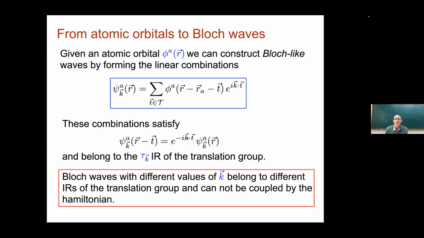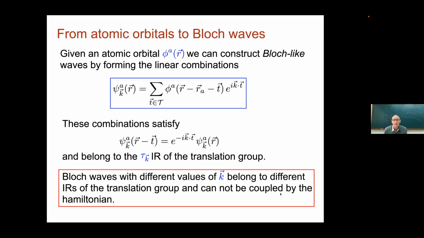Now, when I add a reciprocal lattice vector, this doesn't change. So it means that 2 k's, if I can obtain one from the other just by adding a reciprocal lattice vector, they are the same. Okay, they are equivalent. So when I say different values of k, I mean non-equivalent values of k. That will be very important in a few slides. Okay, as we'll see.